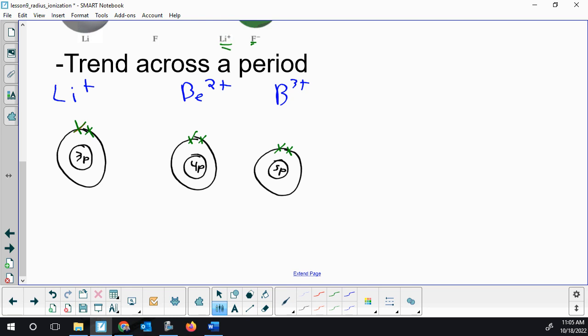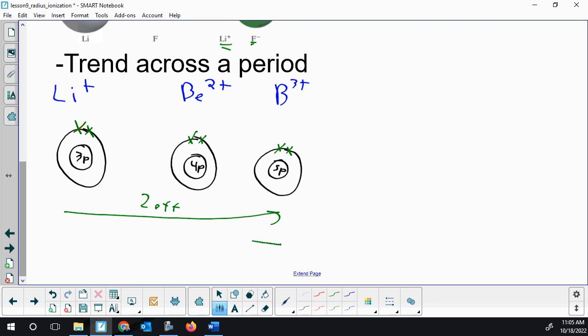So as we go this way, and Z effective is going up, what does more charge do to the size? Does more charge blow it apart or pull it together? We're going to see it shrink, or pull together. So as we head across, those more protons are going to cause it to shrink.